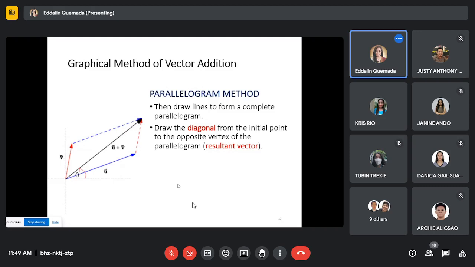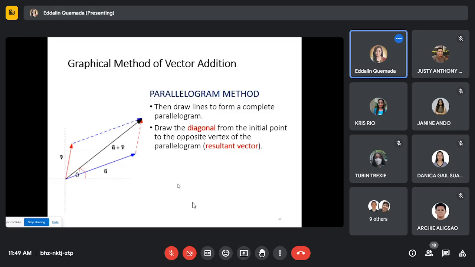So let's have here, class, a given example. A man walks 95 kilometers east, then turns 55 kilometers north. You are asked to calculate his resultant displacement.